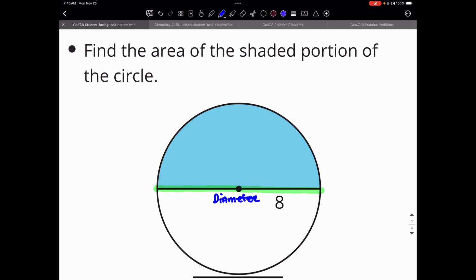So the area of a circle equals pi times radius squared, right? Well, our radius is 8. So the area of this one would be pi times 8 squared, right? And then 8 squared is 64, so 64 pi. And I'm just going to leave it in terms of pi, but that's the entire circle.